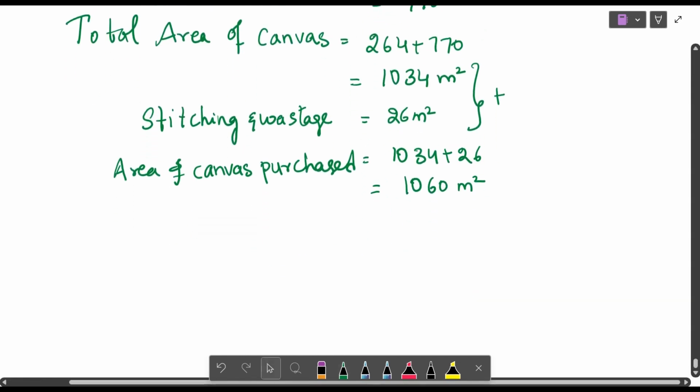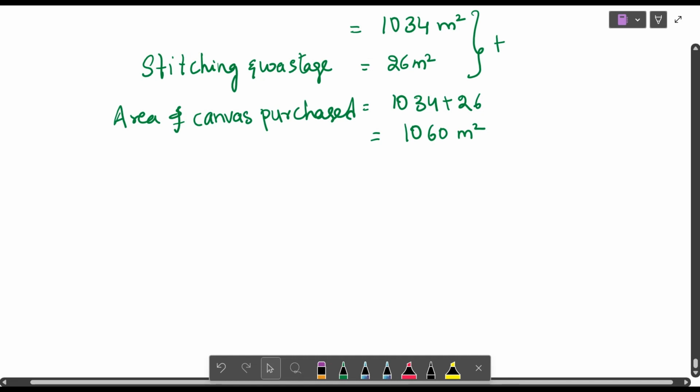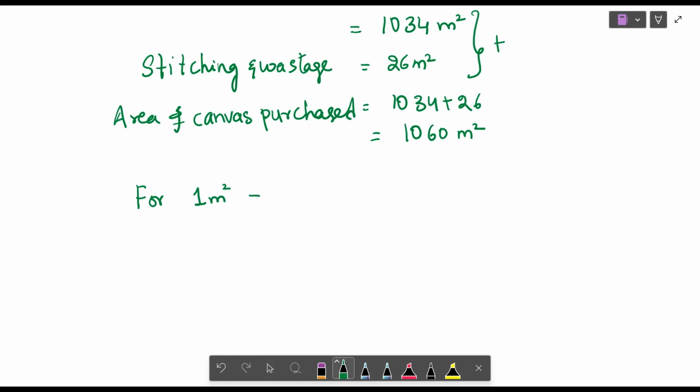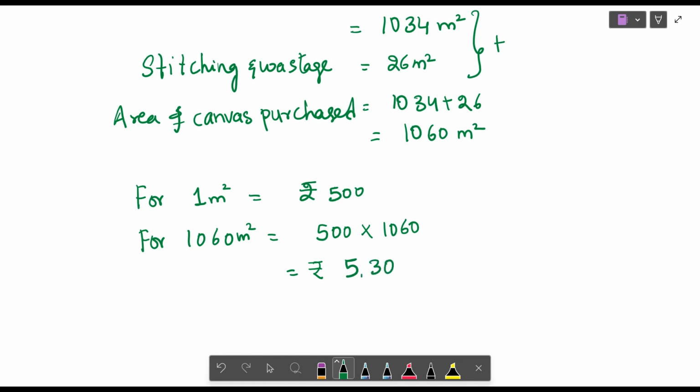Now, for 1 meter square, the cost is 500 rupees. So for 1060 meter square, the cost is how much? Just multiply 500 into 1060. That is equal to 5 lakh 30,000 rupees. Understood?